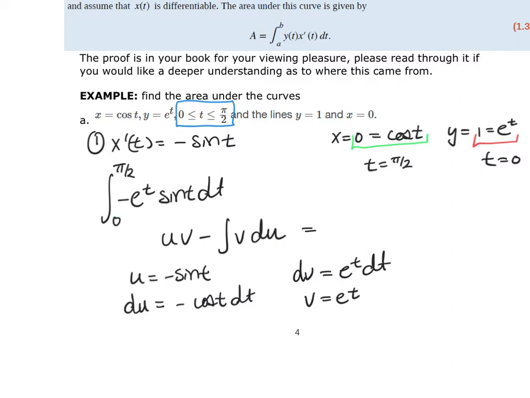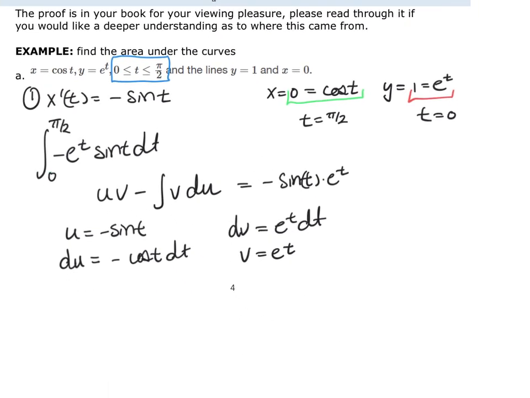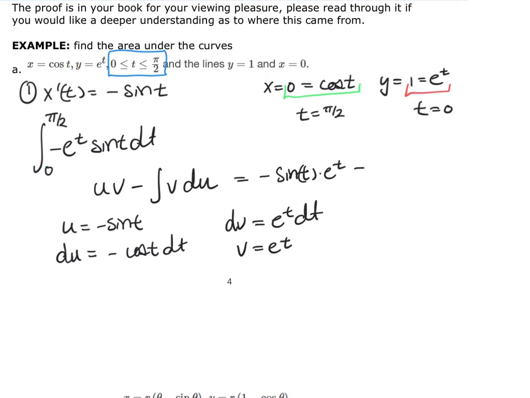Okay, so we come back here. I have negative sine of t multiplied by e to the t, and then I have minus the v, which is e to the t, and then the du, which is negative cosine of t dt, which gives me the sine.